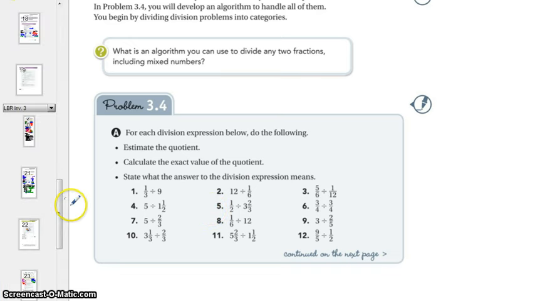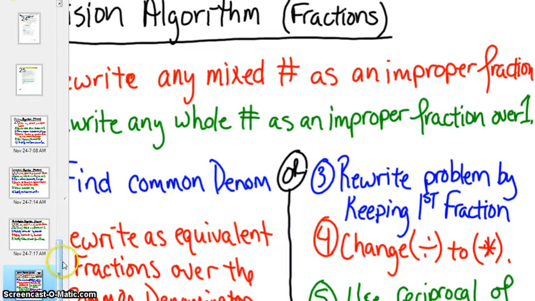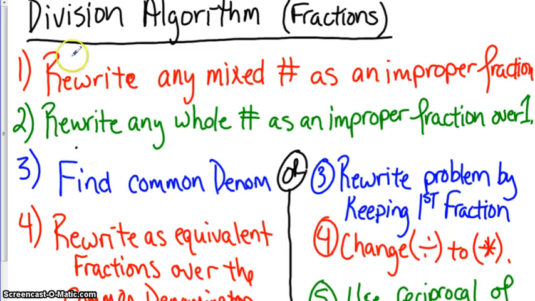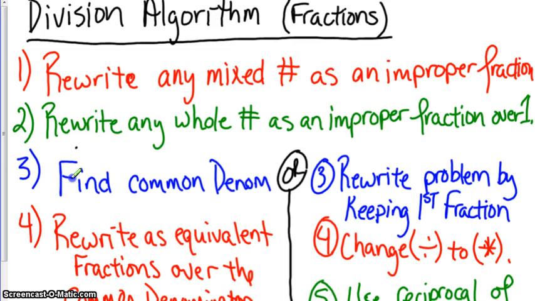So I'm going to pull up my algorithm that I have written for dividing, and we are going to talk about them. So the division algorithm for fractions. The first step for both methods would be to rewrite any mixed number as an improper fraction, then rewrite any whole number as an improper fraction over 1.